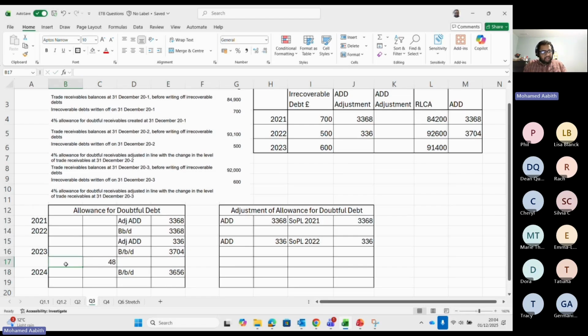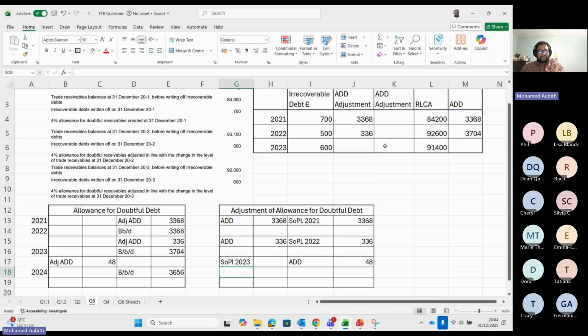Let's say here, this is going to be called adjustment of ADD, but in this scenario, this will go as allowance for doubtful debt, changed by 48 pounds, and this will go into the SOPL in 2023 as my income. This will be on the credit side.